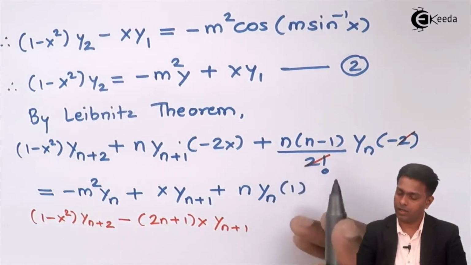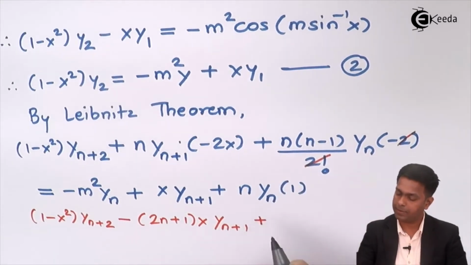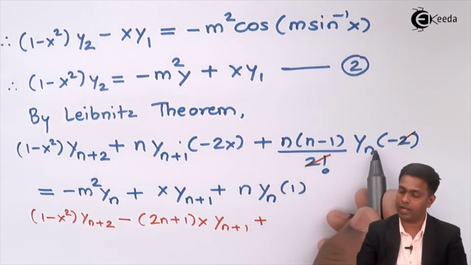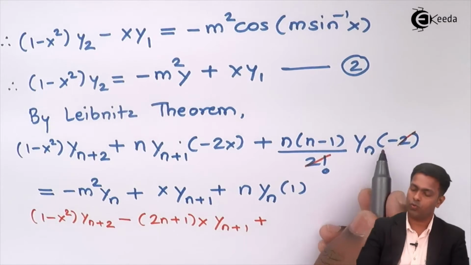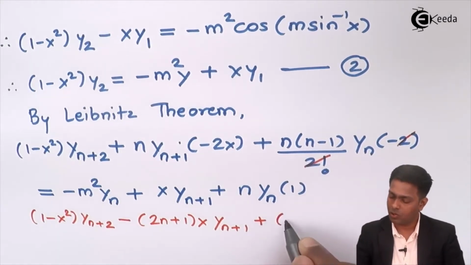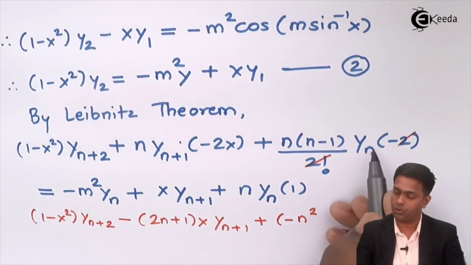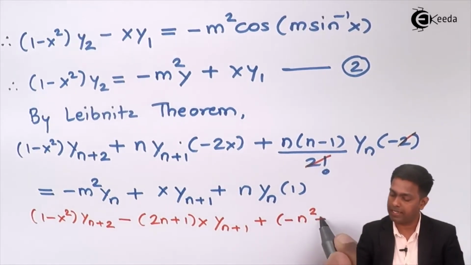Next, here we will get plus n, this is (n square minus n) into yn. The sign is negative, so we'll write down the negative sign here. So this is minus n square, and due to the negative sign this will become plus n.